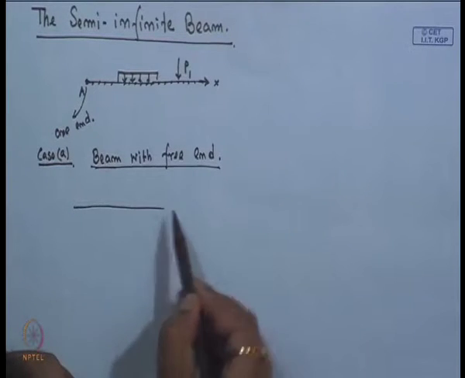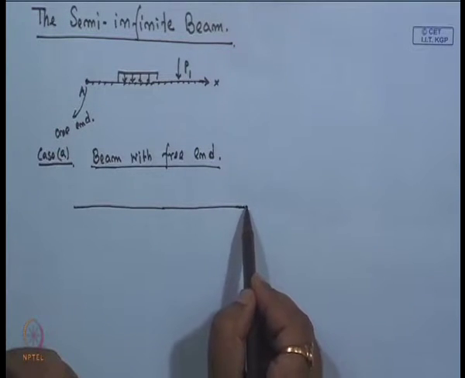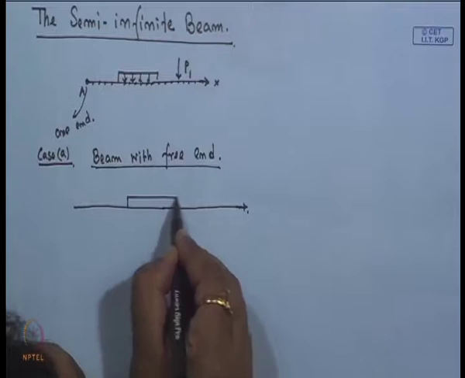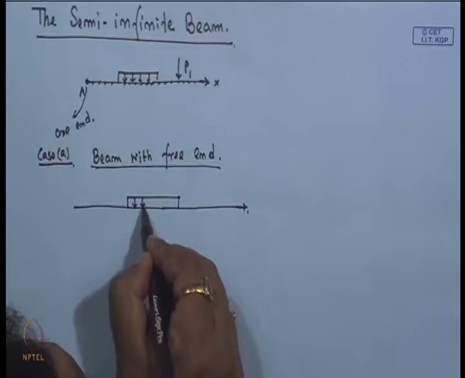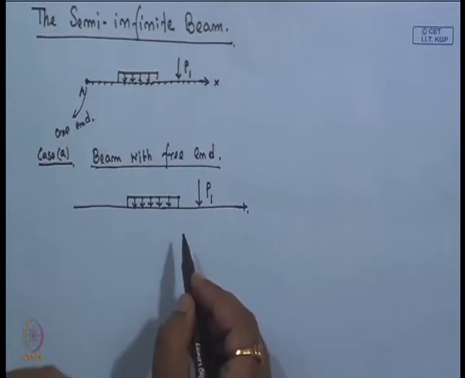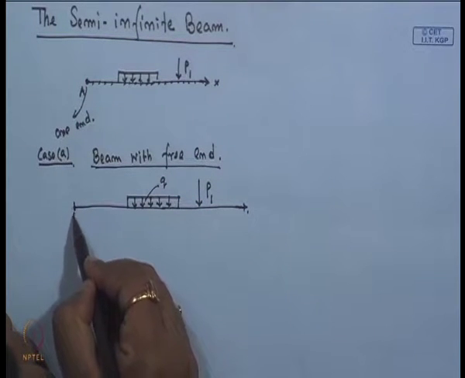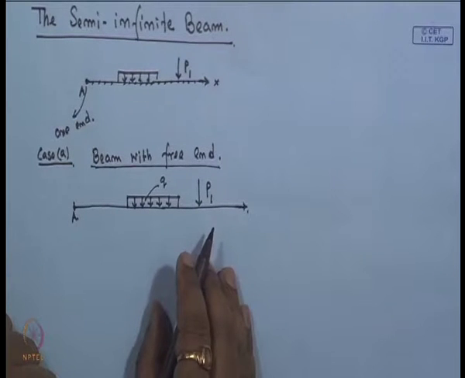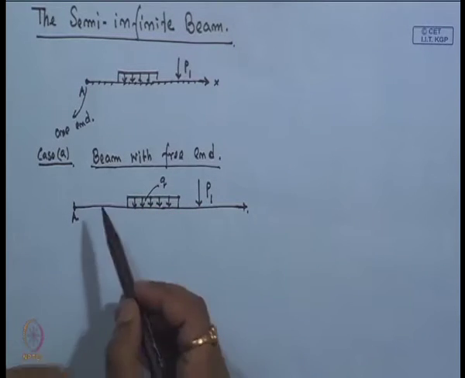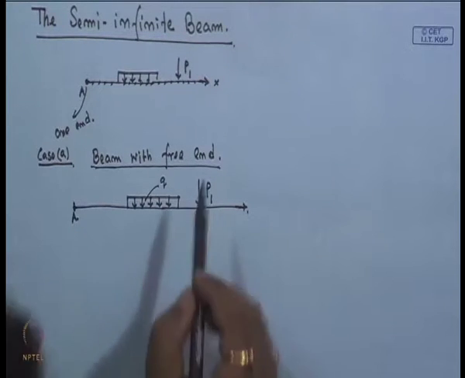Say I consider a particular beam and apply this load, say one concentrated load and a UDL, and this point is A. In this condition this point is a free end. Now, how to solve this type of problem?